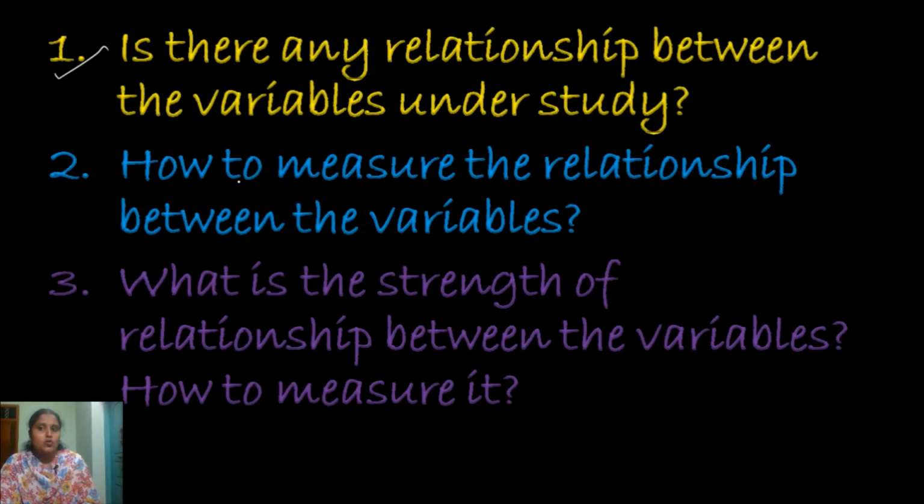If so, then how to measure the relationship between the variables? Then, after measuring, we would like to know what is the strength of the relationship between the variables and how to measure it. Let me first explain the first question.